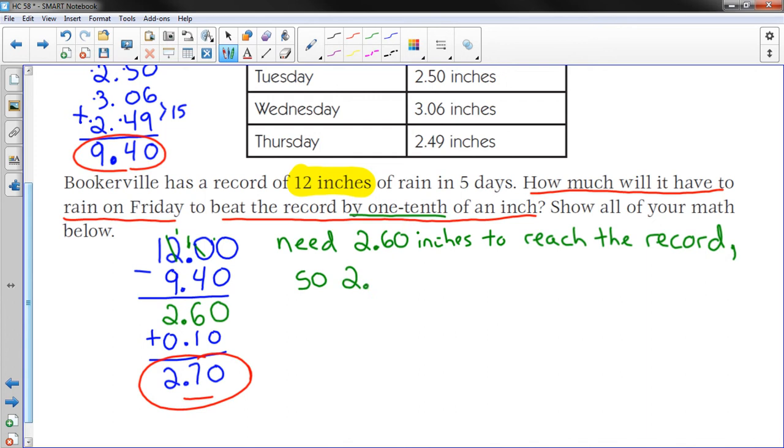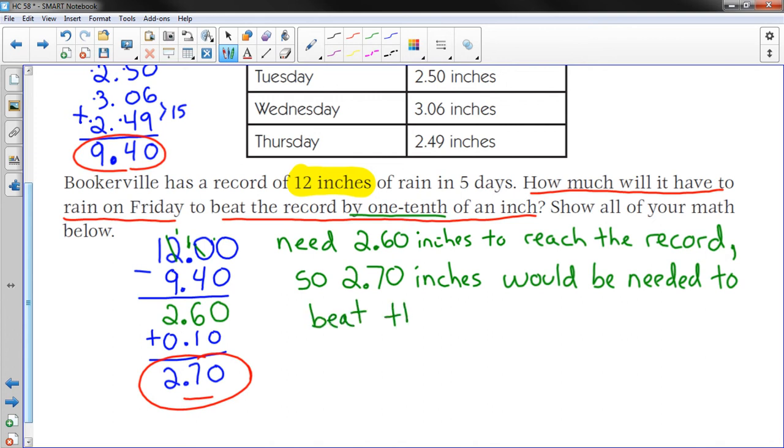So 2 and 70 hundredths inches would be needed to beat the record by 1/10.